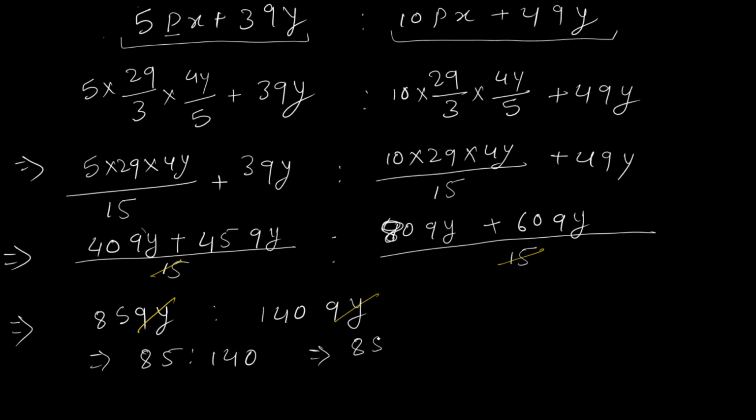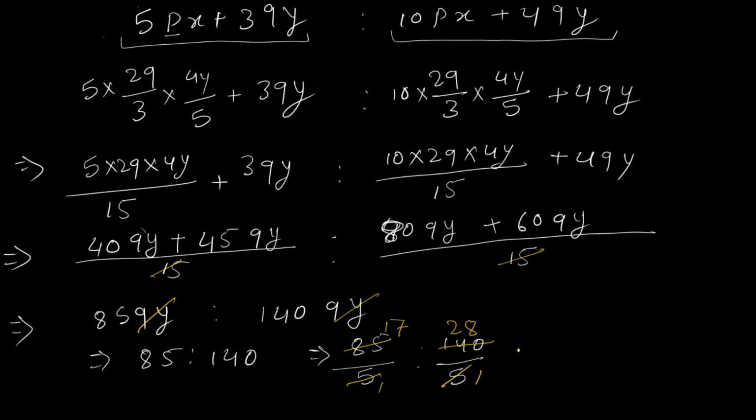So let's say 85 divided by 5 is to 140 divided by 5. How will you simplify it? 5 ones are 5, 5 seven are 35, 5 ones are 5, 5 twos are 10, and then 5 eights are 40.